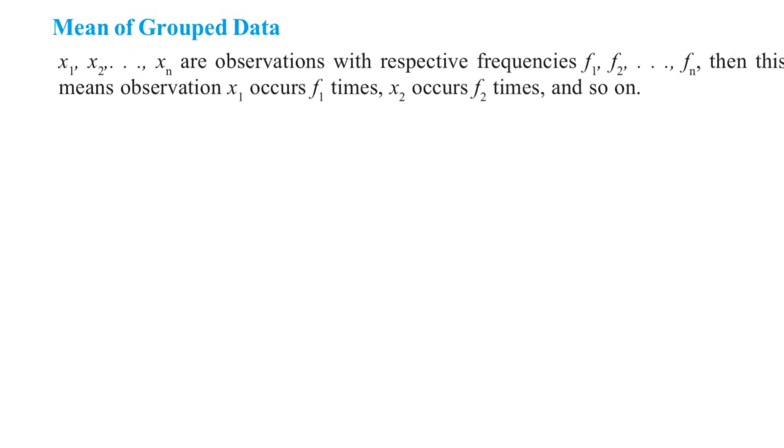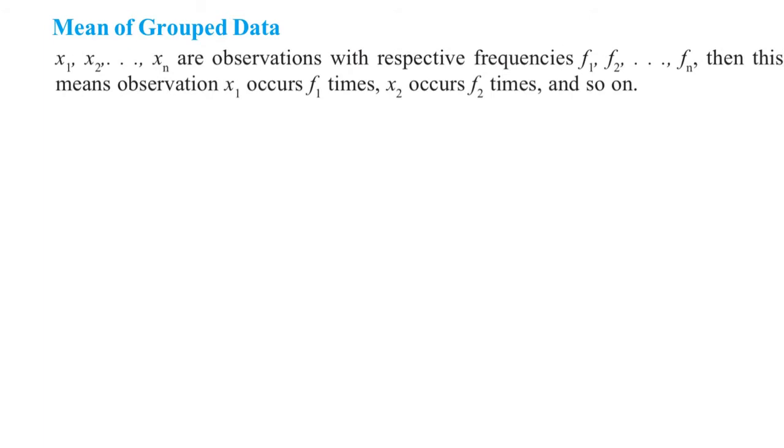And you have studied in your lower grades, if you can recall, that if x1, x2, up to xn are observations with respective frequencies f1, f2 and so on till fn, then this means observation x1 occurs f1 times, observation x2 occurs f2 times, and so on.